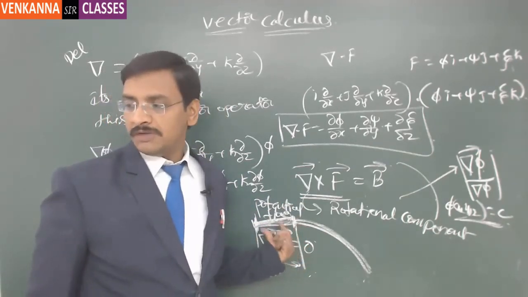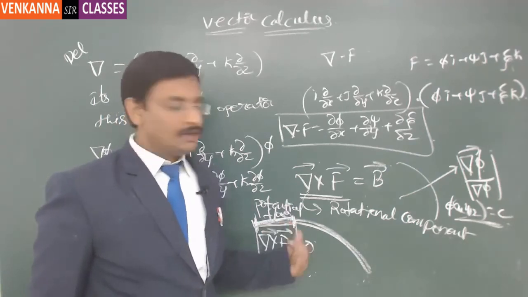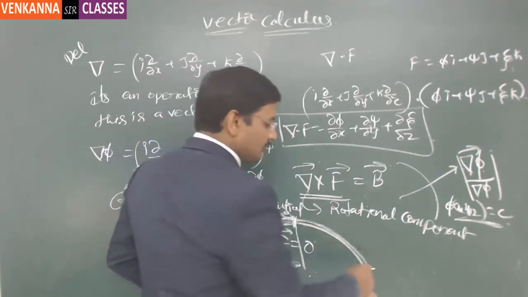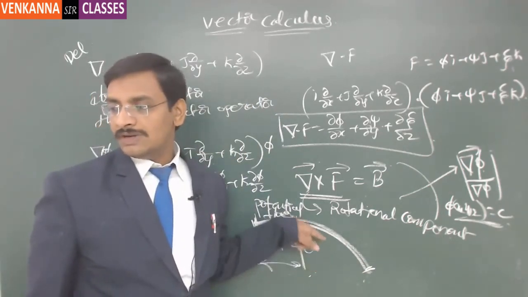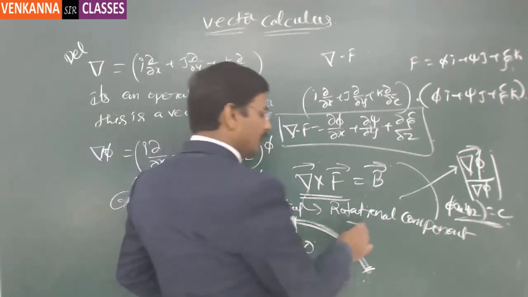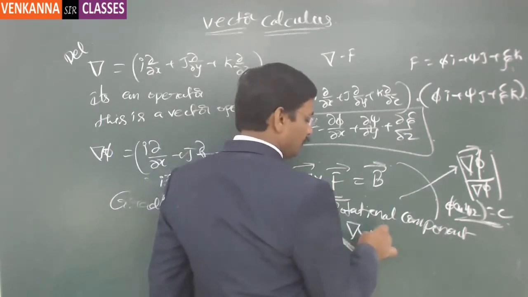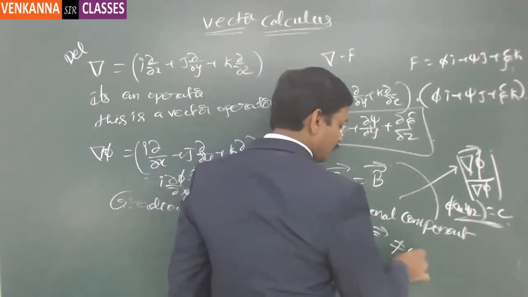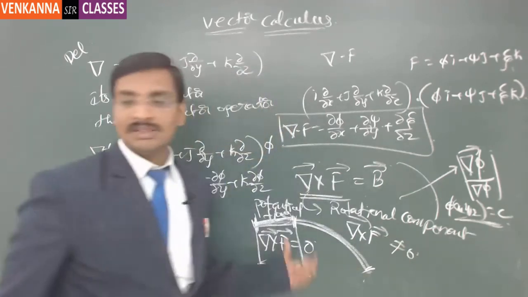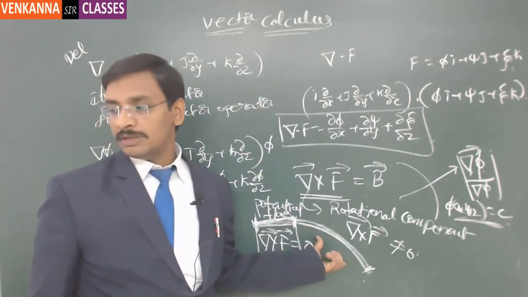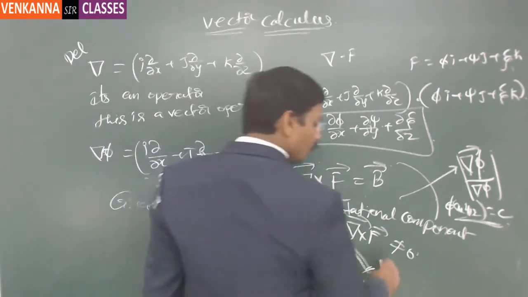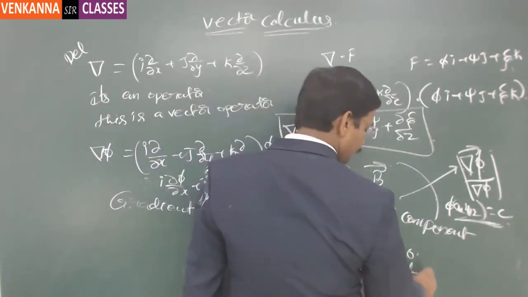If there is a potential difference, there is a flow of the fluid here. And then from here to here, this is no more a potential flow. This is a curved path, right? If it is a curved path, then here del cross F is not equal to 0. Then you cannot use the methodology of potential flow to solve the problems at this particular place. So here there is something called vortex flow that comes into the picture.